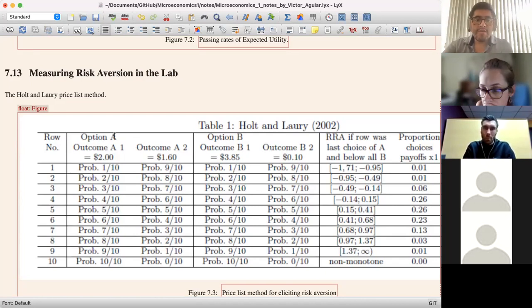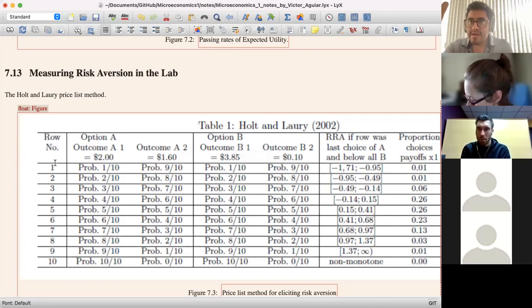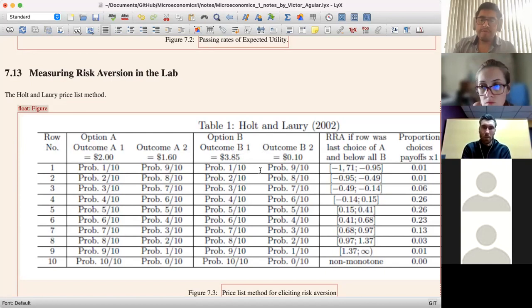Here you have two alternatives, option A and option B, and in each row you are asked to choose between A and B. Very similar to the poll, the experiment that I did before the class. So in each trial, you're asked to choose between A or B.